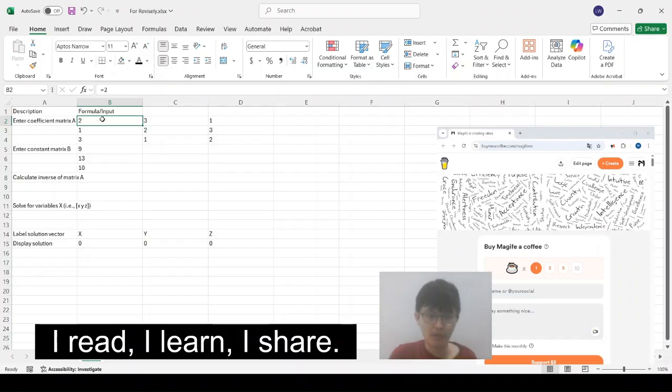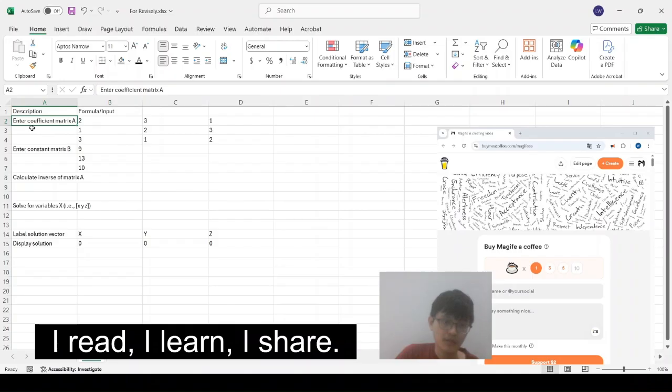If done by hand, it will involve a lot of paper, at least an A4 paper. Okay, so this is how it looks when we want to solve the linear equation using the matrix.